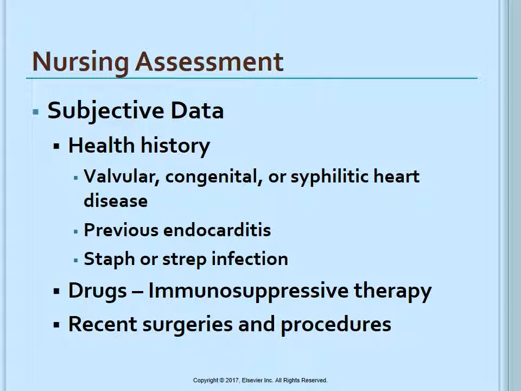We also want to look at their drugs. Are they on anything for immunosuppressive therapy? Surgeries and other treatments: recent obstetric or gynecological procedures, invasive procedures, including heart cath, cystoscopy, recent dental or surgical procedures, or any GI procedures like an endoscopy.